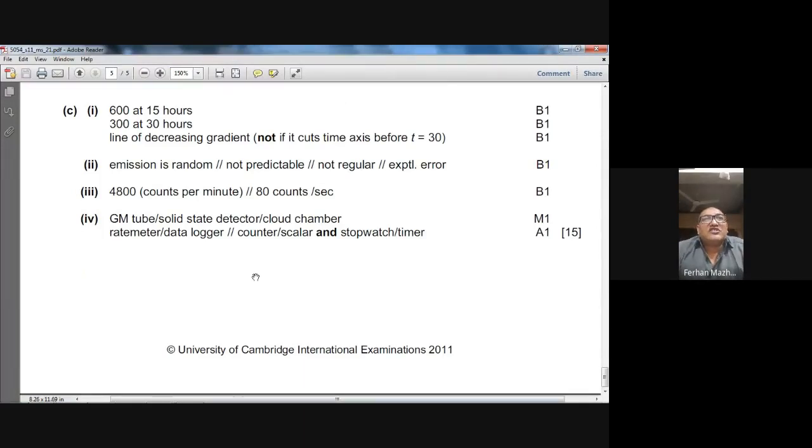So 600 at 15 hours and 300 at 30 hours. So join them with a line with a gradient, I mean, draw a smooth curve. I have drawn that curve with the mouse of the computer, so it is not that smooth. But you will be drawing with a pencil, so that curve should be very smooth. Emission is random, not predictable, not regular, and experimental error, he said.